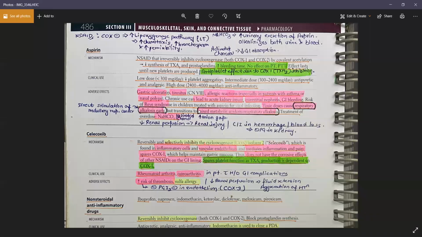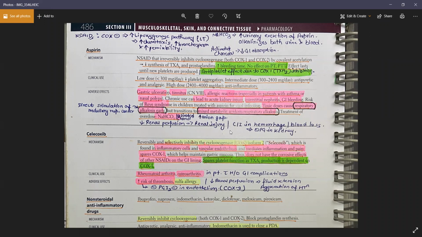So because aspirin is a weak acid adding extra acid, I get a high anion gap metabolic acidosis. If I remove bicarbonate from the body, I get a normal anion gap metabolic acidosis. Is that clear? Yes. Okay.